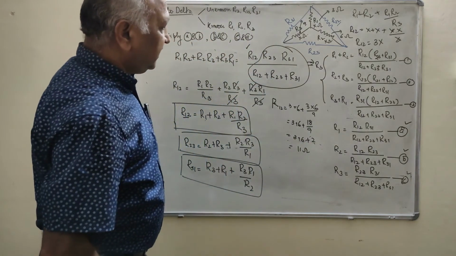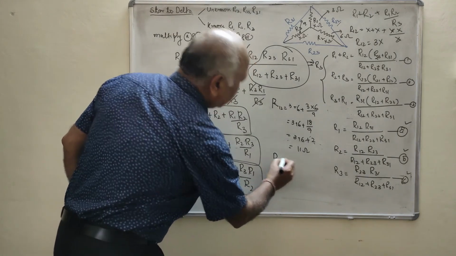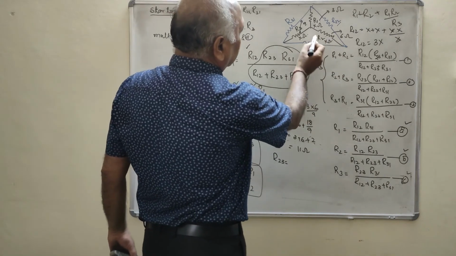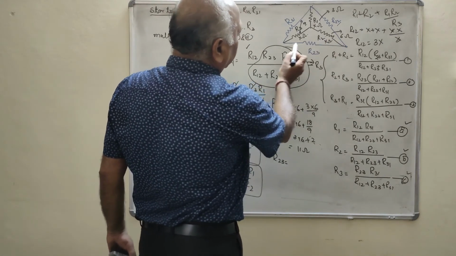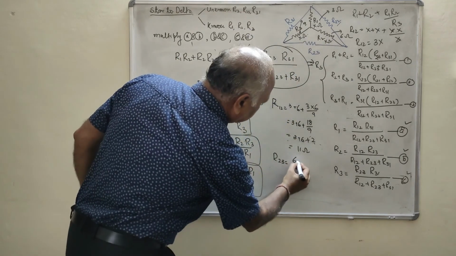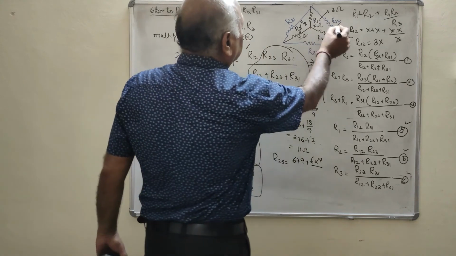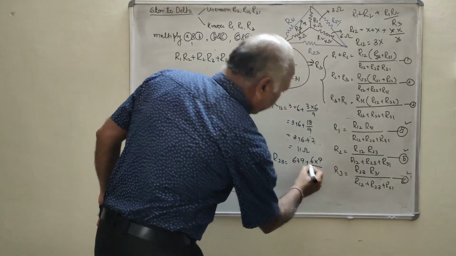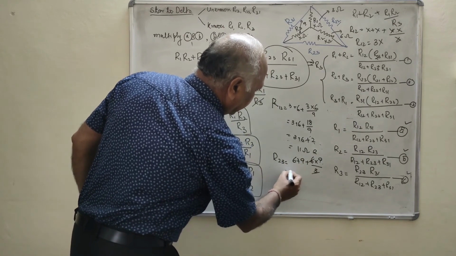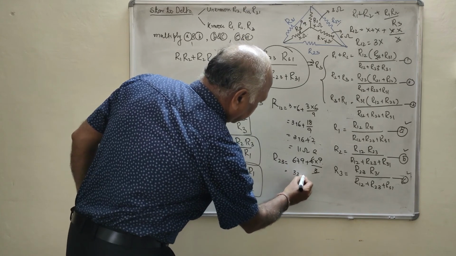Clear? Similarly, you can find the value of R23. Try it yourself. What is R23? The sum of these resistances, 6 plus 9 plus 6 into 9, the remaining resistance is 3 ohm, upon 3. 3 twos are 6, 3 nines are 27... that is 15 plus 18, equal to 33 ohm.